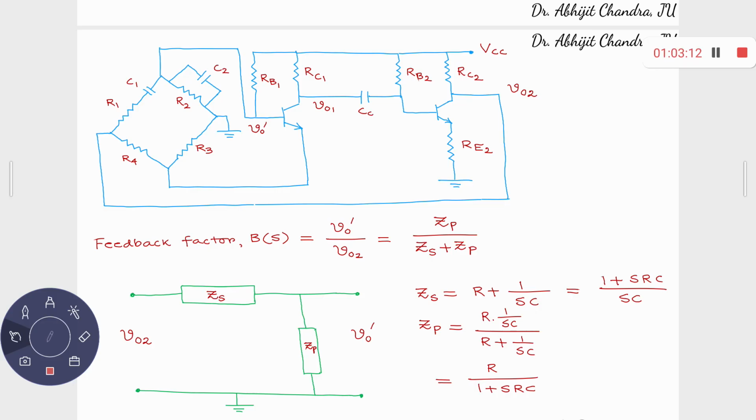Yes or no? What is ZS from this circuit? This is VO2. This is ground, right? Then, what is VO dash?